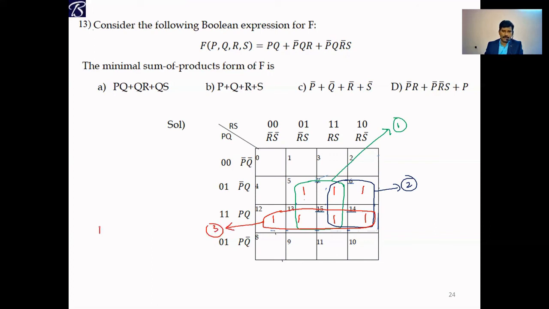Now F equals, the first one green, common is Q, and here S, so QS, plus the second blue one, here Q and here R, QR, plus this red quad, that is PQ. So option A is correct.